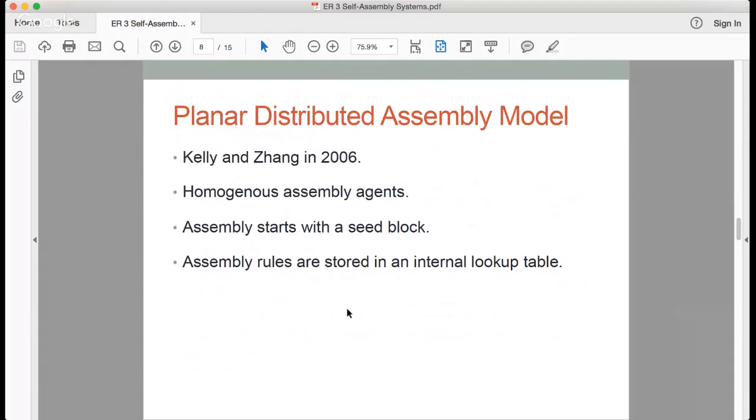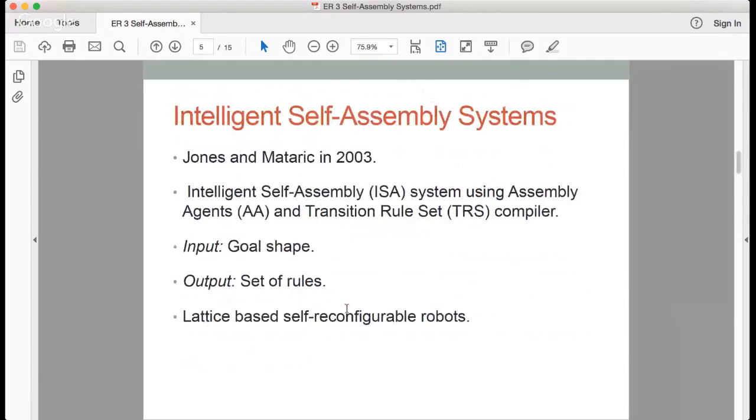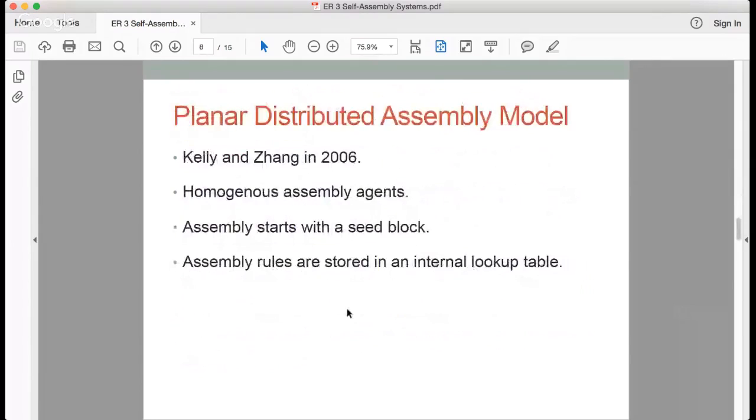Do you guys see the similarity between this system and the previously mentioned system? Let me go through it again. This one, the Intelligent Self-Assembly System, and the Planar Distributed Assembly Model. If yes, please go to the discussion forum in the meetup group and write your comments.